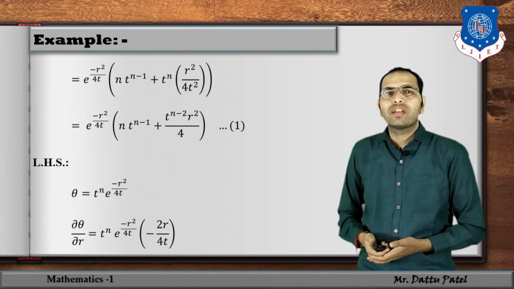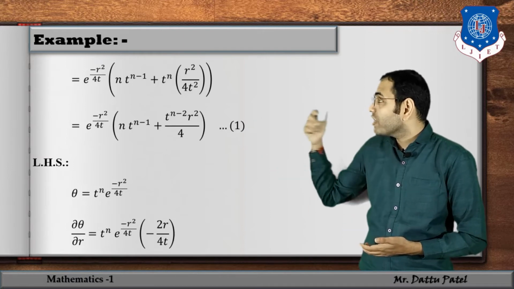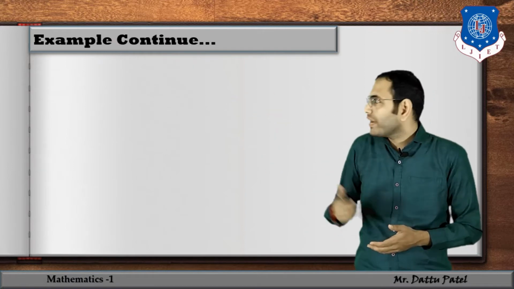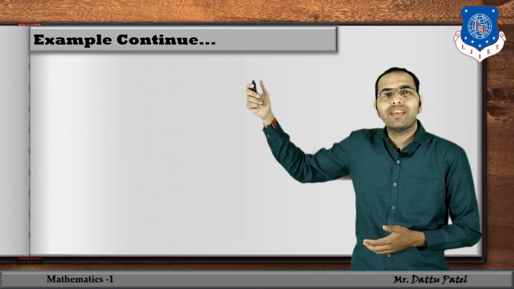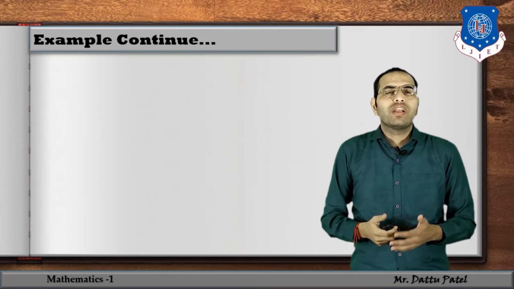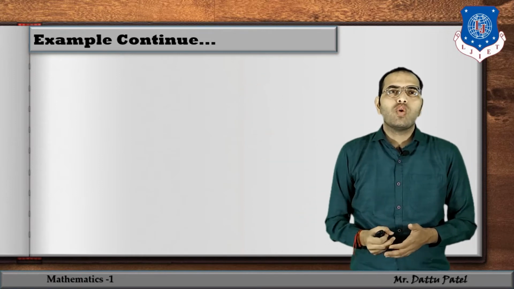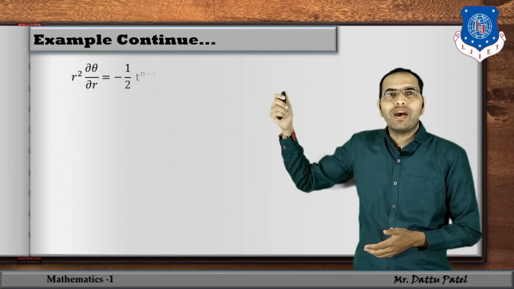Simplifying that term and multiplying with r square, it becomes r square into del theta by del r equals minus 1 half t raised to n minus 1 into r cube e raised to minus r square by 4t.